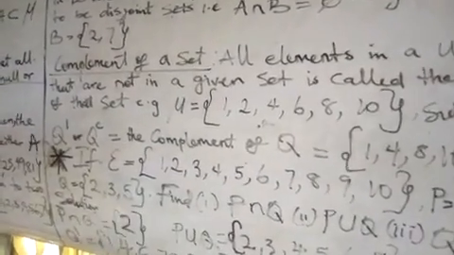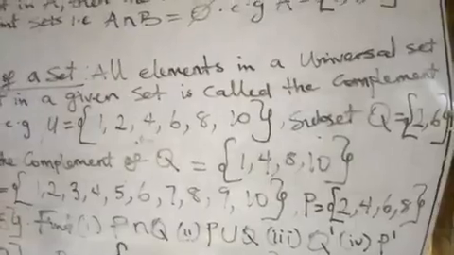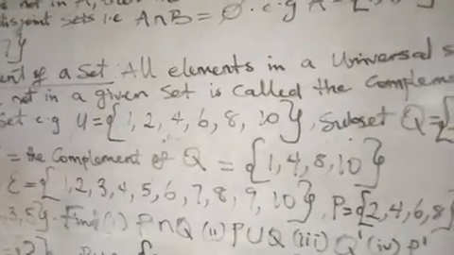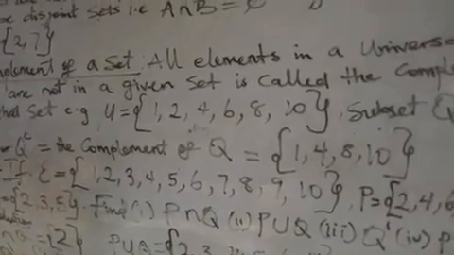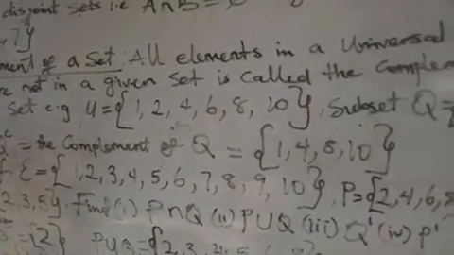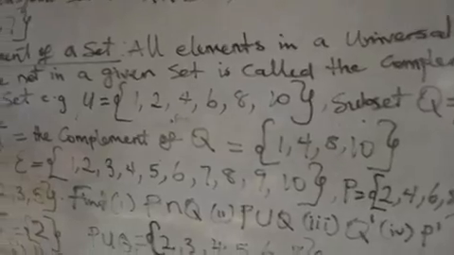You understand? For example, the universal set has 1, 2, 4, 6, 8, 10, while the subset Q has just 2 and 6. The complement of Q will be those elements that remain in the universal set that you cannot find in that subset.